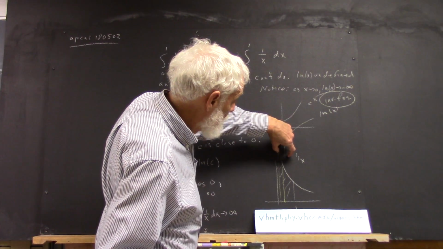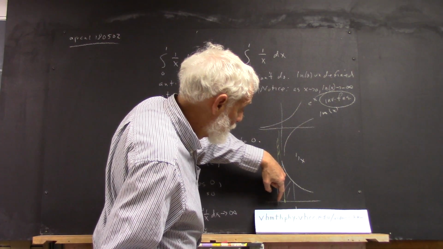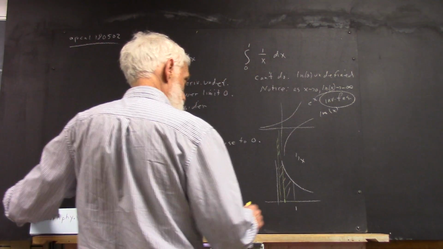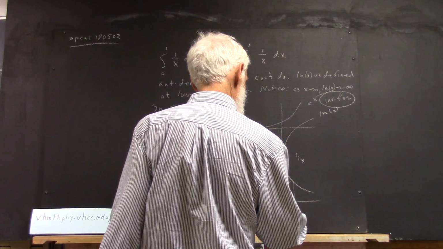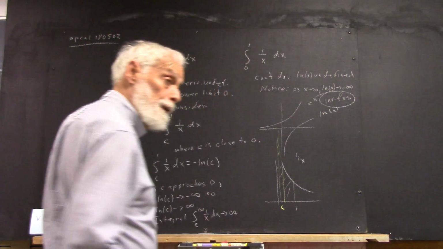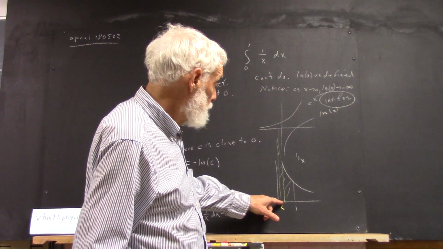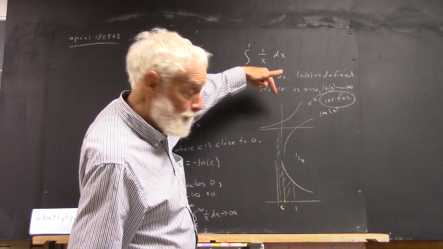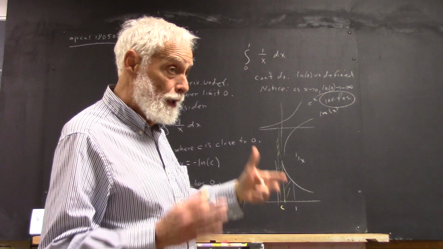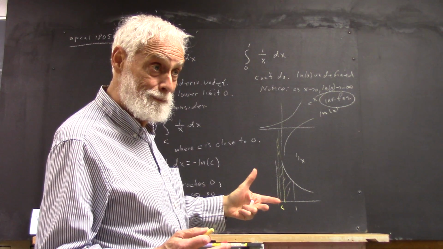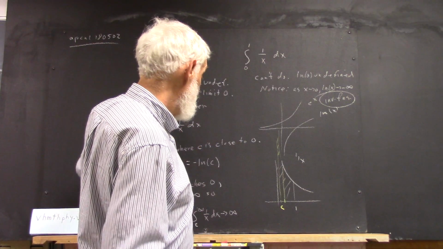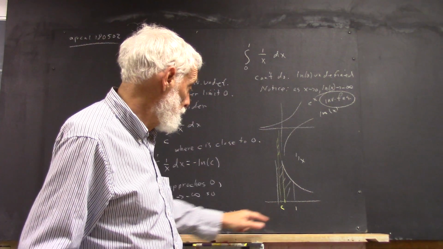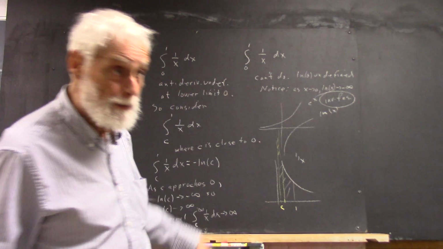And the closer this point, which we'll call C, gets to 0, the more area you have. That doesn't necessarily mean that the area is unbounded, but in the case of this function it does, and this proves it. It just means that as you keep getting closer and closer to 0, there's no limit to how big that result gets.